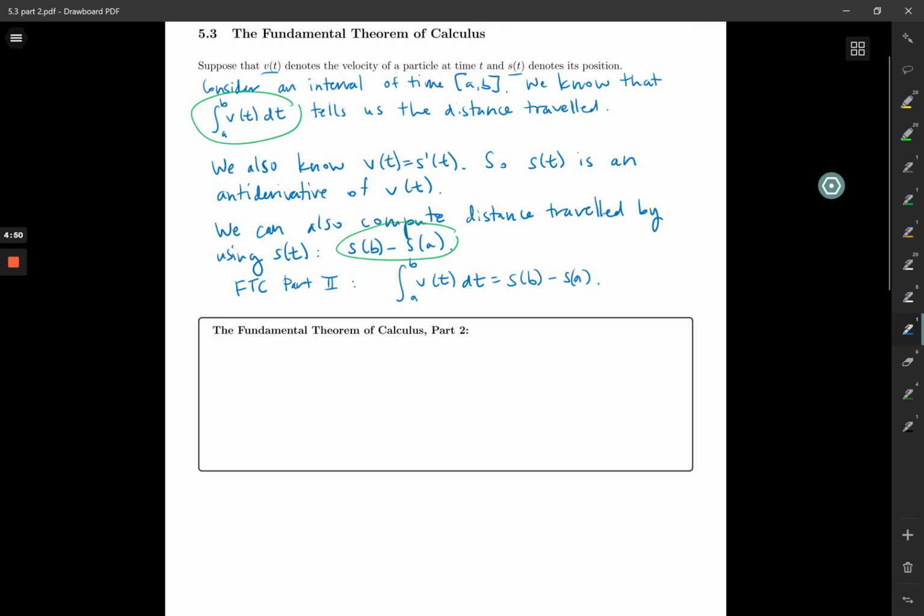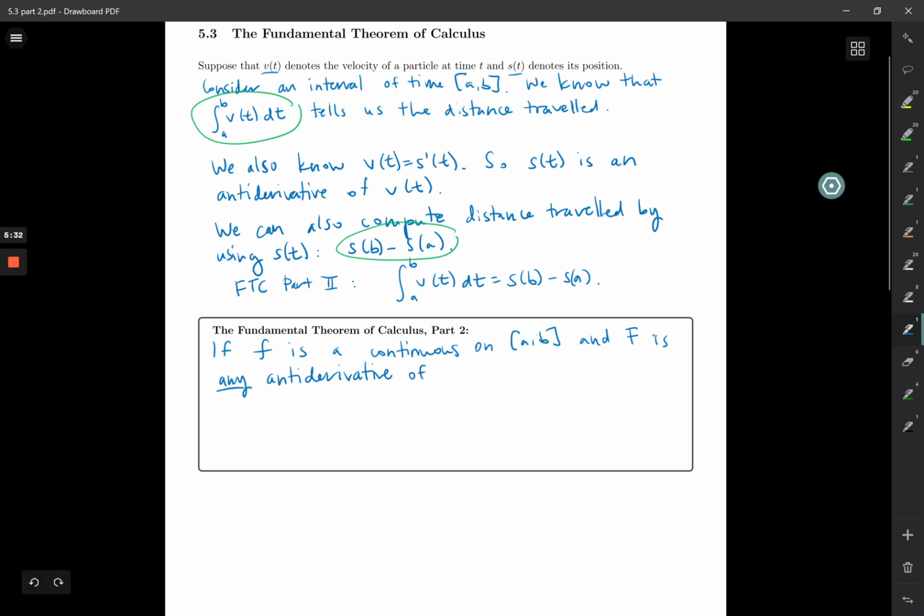So if f is a continuous function, here f is going to take the place of v in our statement above. So if f is continuous on the interval a to b, and capital F is any antiderivative of f. So remember that antiderivatives are not unique, so we can just pick one.